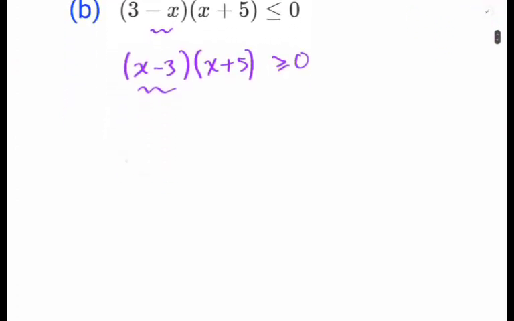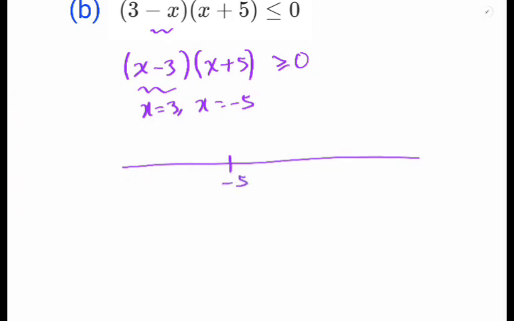So from here, now you draw a line. x equals 3, x equals negative 5. Negative 5 here, 3 here. So you draw the U shape. You are looking for positive. That means you are looking for this side and the other side here. So here x is bigger than 3.